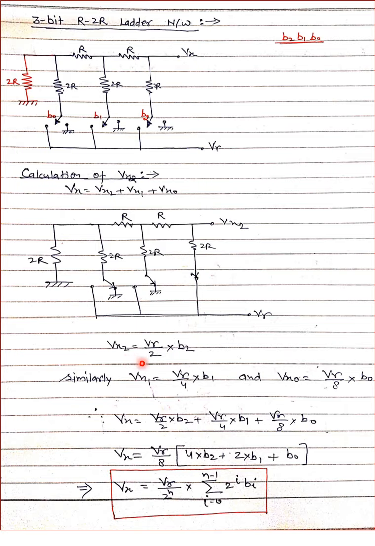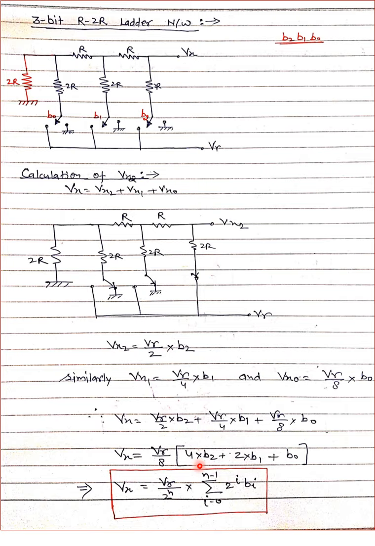And similarly, if we calculate, we will get Vx1 equal to VR by 4 into B1 and Vx0 equal to VR by 8 into B0. So using the superposition theorem, we can write Vx equal to Vx0 plus Vx1 plus Vx2. And finally, when we solve this, we will get Vx equal to VR by 8 into 4B2 plus 2B1 plus B0.